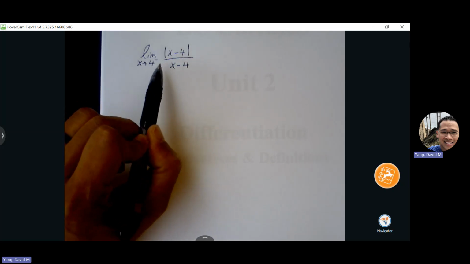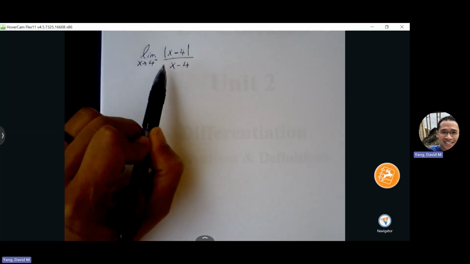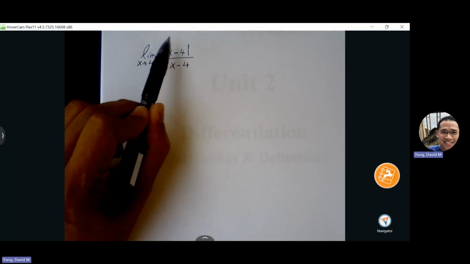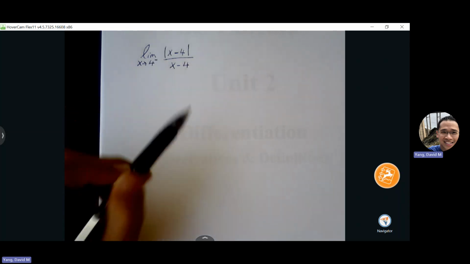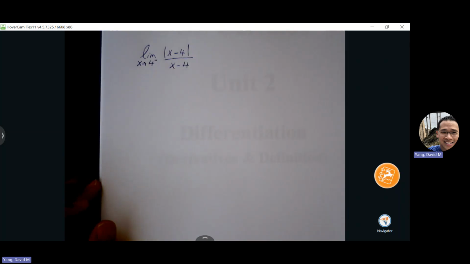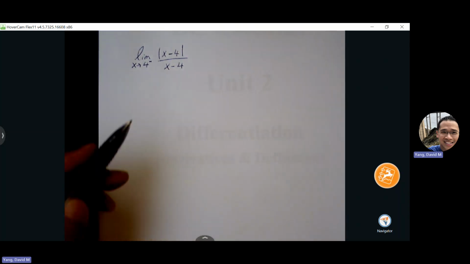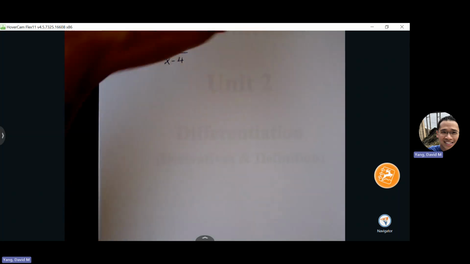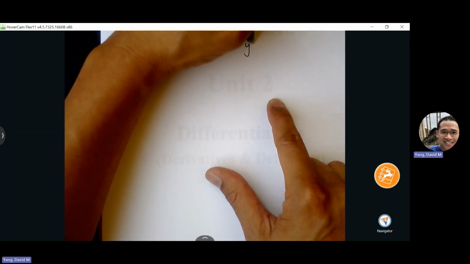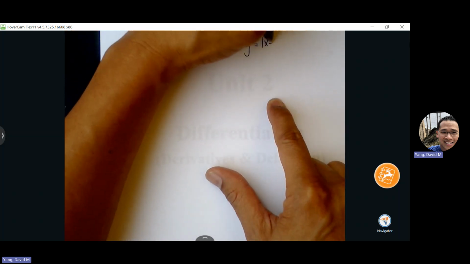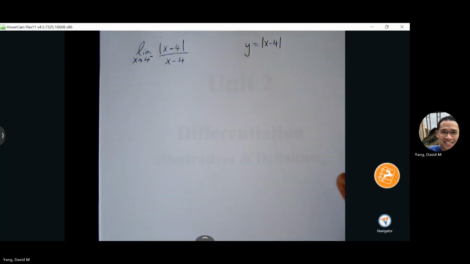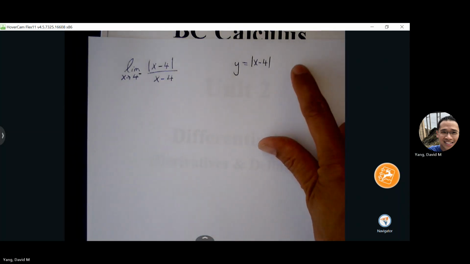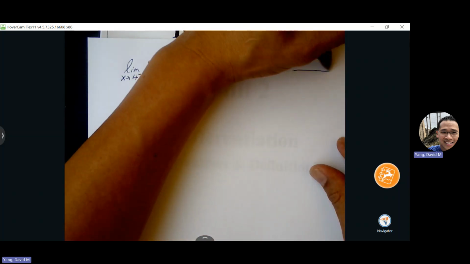If we can sketch a graph or get something a little more helpful, because the absolute value function feels a little strange, or it's not as clear as we would like. So let's step off to the side and just think about what the absolute value of x minus 4 looks like. This is a function, this absolute value function, with the vertex at where?